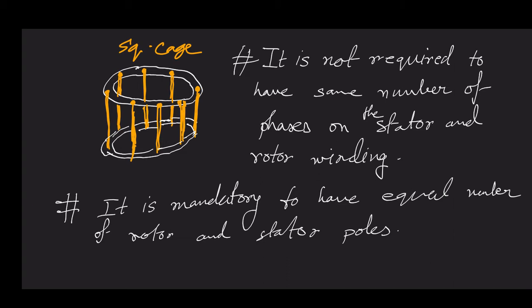If you go back to my lectures on fundamentals of rotating machine, then you must observe that when we feed our stator winding with balanced supply, that balanced supply produces a rotating magnetic field.